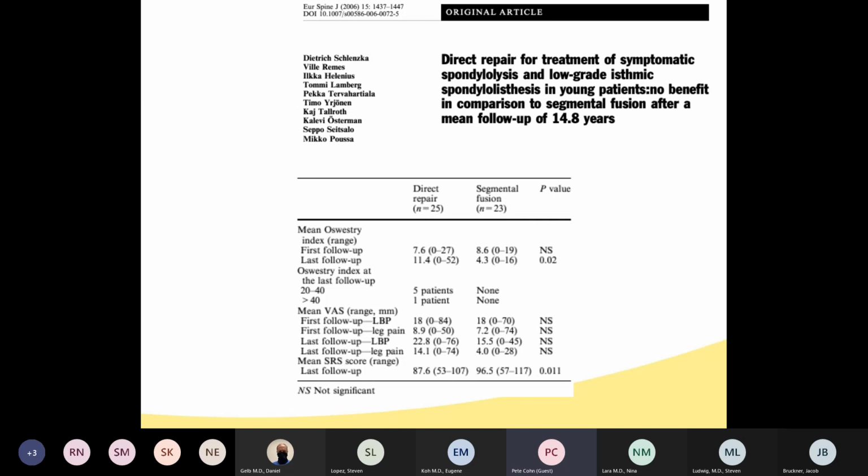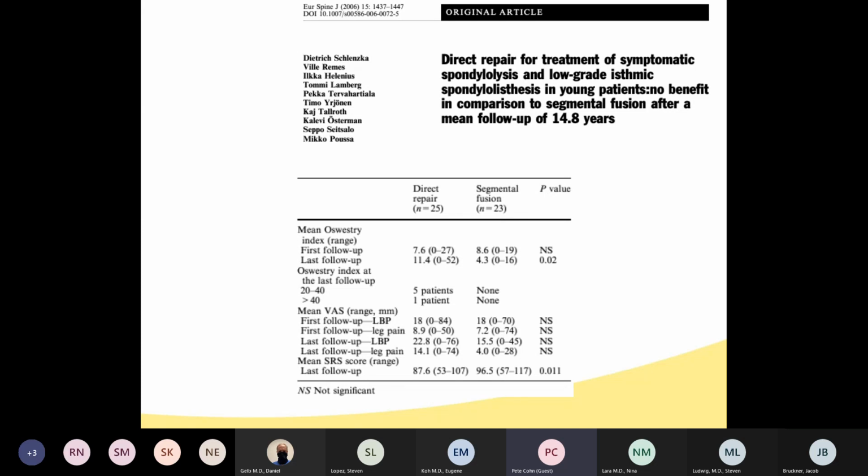But part of the point of the study was that, in the direct repair group, those patients still had disc degeneration on MRI, so there wasn't necessarily a protective effect of doing a direct repair versus a fusion in terms of protecting against arthritis at that level.